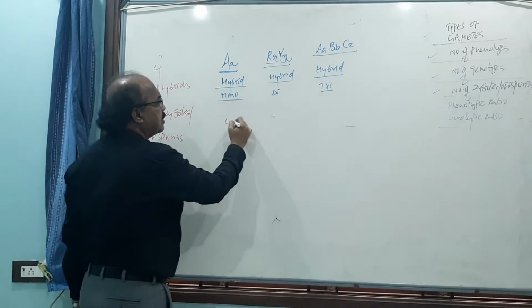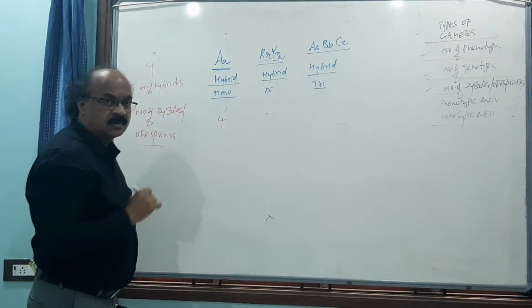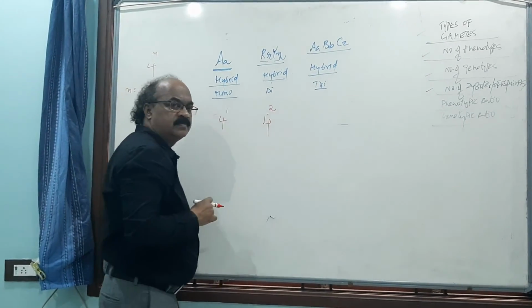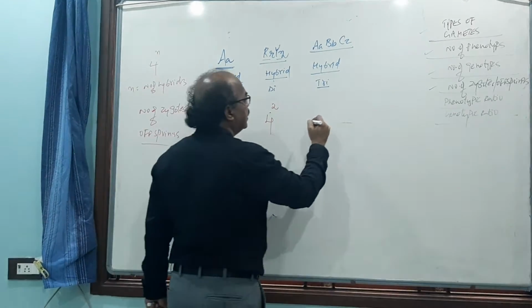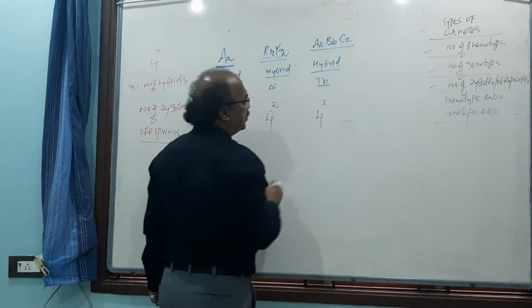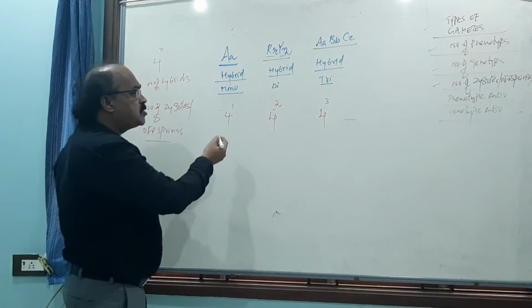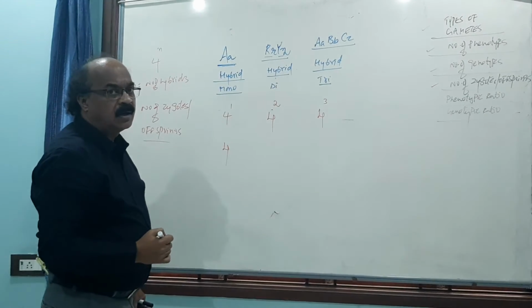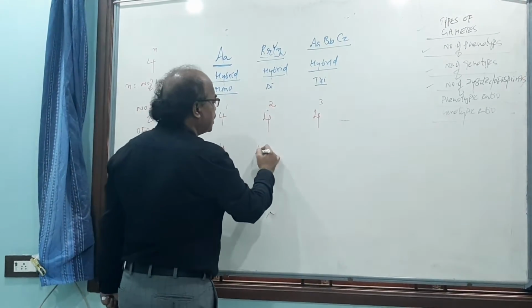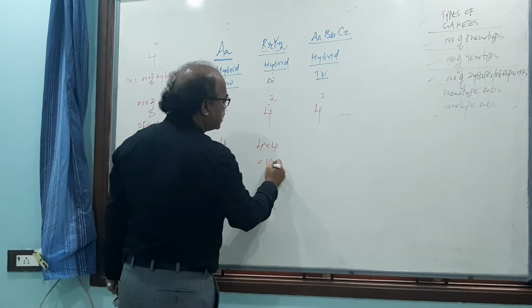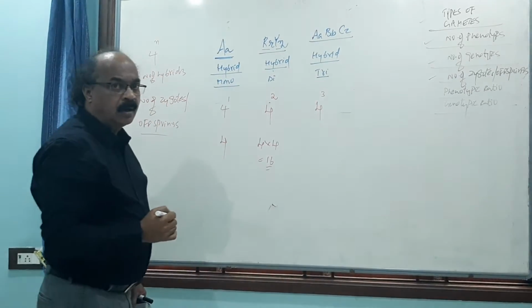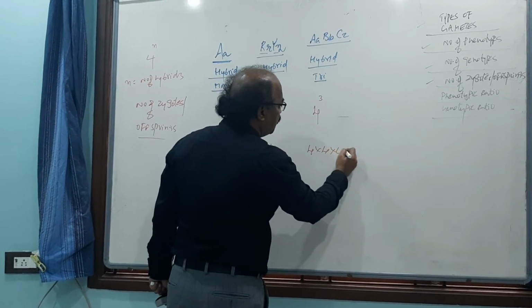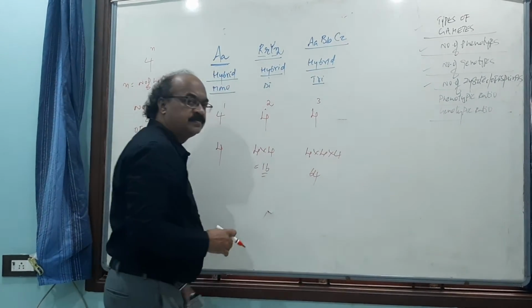In a monohybrid cross, it is 4 raised to 1. In a dihybrid cross, 4 raised to 2. In a trihybrid cross, 4 raised to 3. So how many offsprings are you going to get in a monohybrid cross? 4. In a dihybrid cross? 4 into 4, 16. In a trihybrid cross? 4 into 4 into 4, 64.